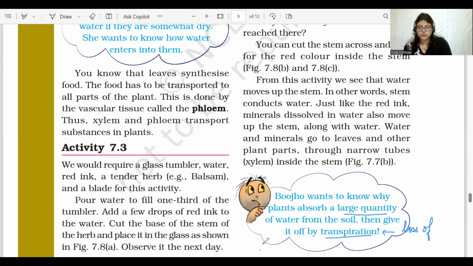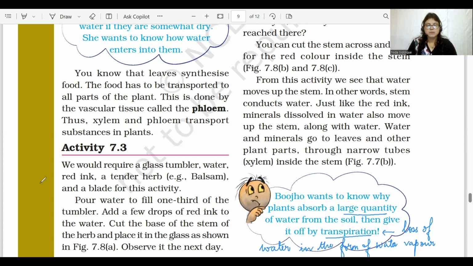It is the loss of water in the form of water vapor. So you must have observed that a plant absorbs a large quantity of water, but most of the water content is given off in the form of transpiration. Now, why is it so?